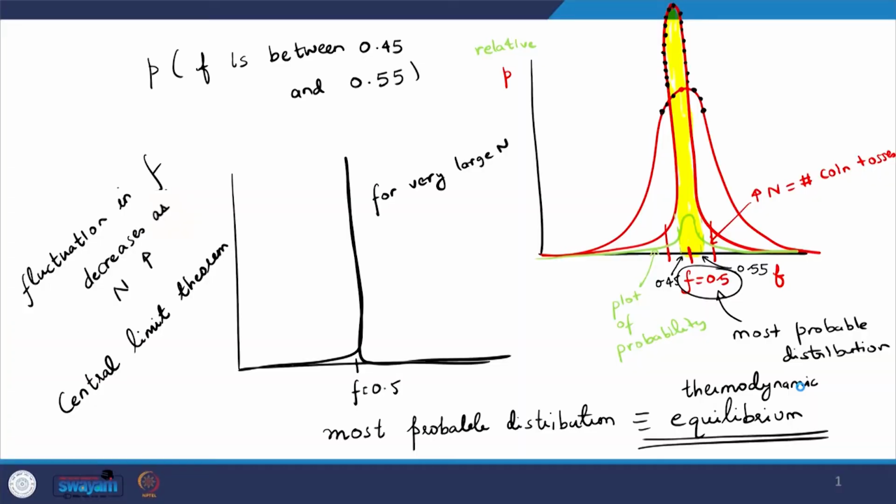So, let us say for example, I look at a particular chemical reaction, A2 plus B2 giving rise to 2AB, and let us assume that this reaction can happen in both the forward and the backward fashion.